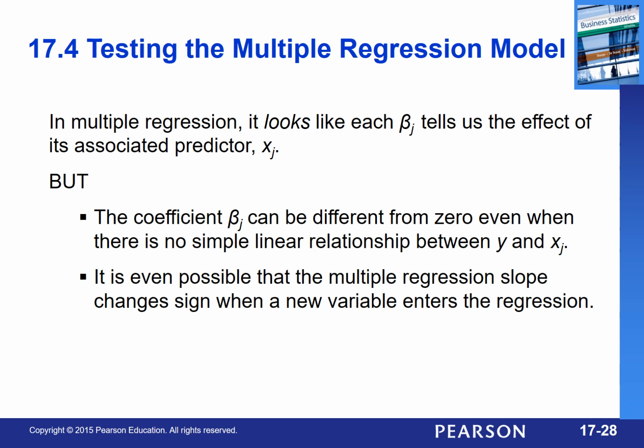So when you're looking at multiple linear regression, if each of your slopes appears to be an associated part of your predictor, so as you look at this, like all my slopes are significant, but it looks like they can't all be different from 0, and there's no simple linear relationship between just the two of them, it's possible that your multiple linear regression is just overfitting.